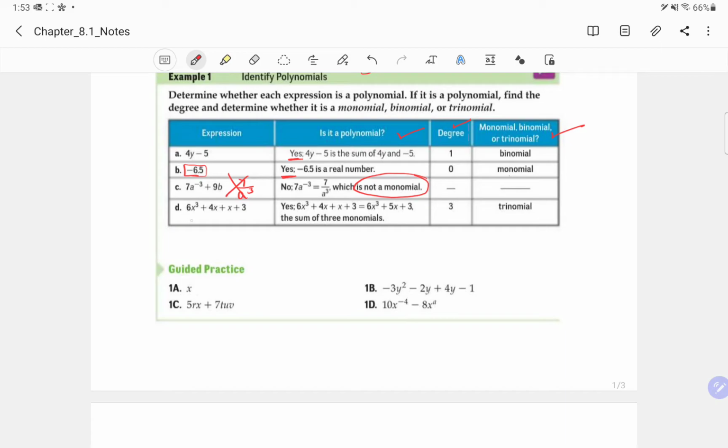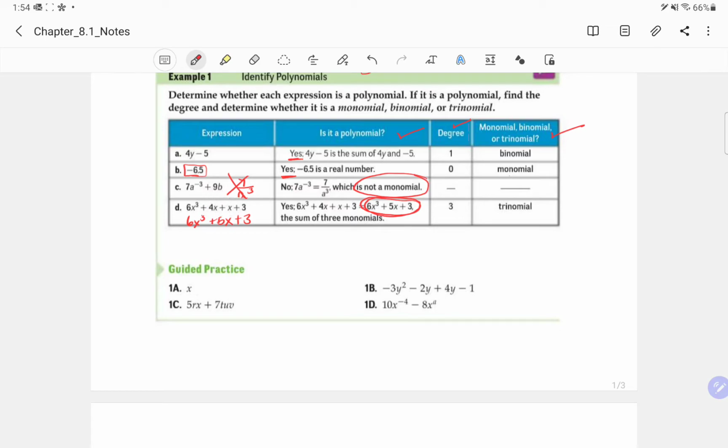And then the last one, we have 6x cubed plus 4x plus x plus 3. Okay? See how they did this here? We had to combine some like terms to simplify this. So 6x cubed, they needed to put these two together to make it 5x plus 3. That's just because you can't find the degree and you can't find what type of polynomial it is until it's written in simplest form.